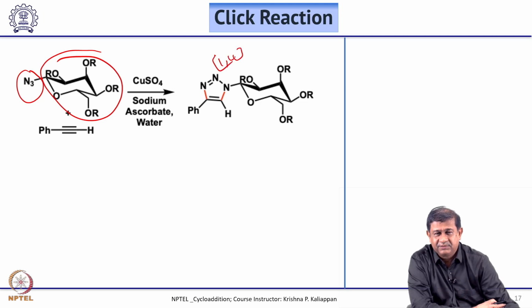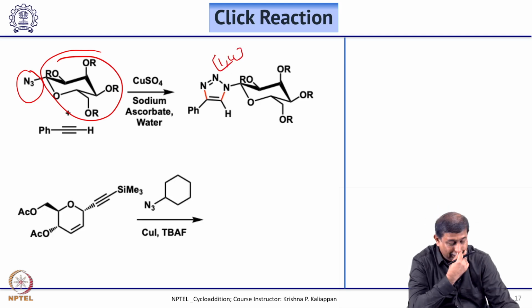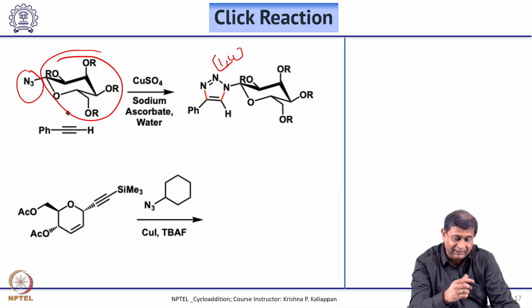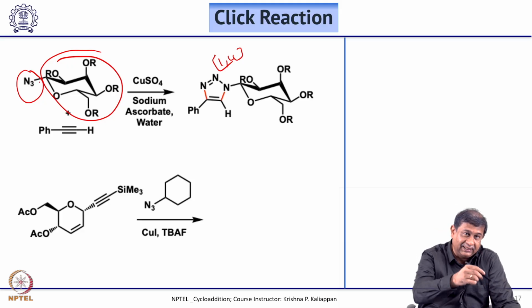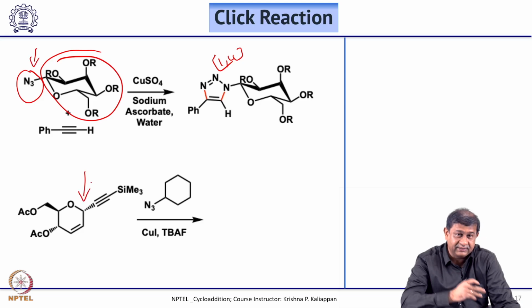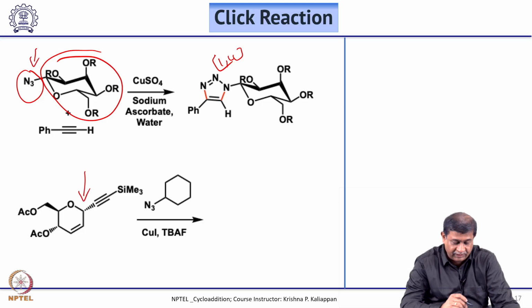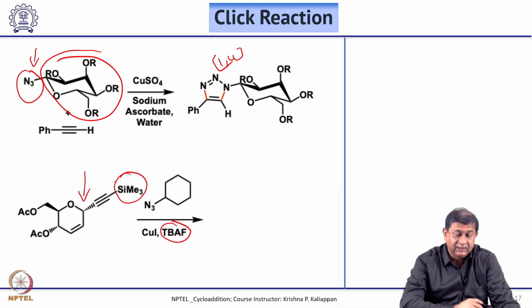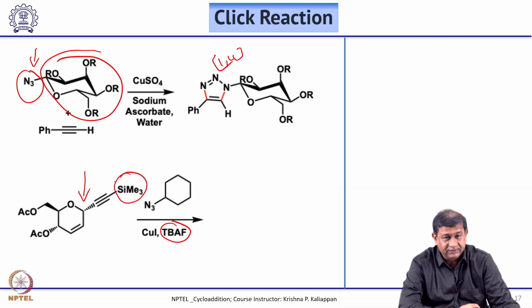Okay. It's a very simple and straightforward reaction, and you can see here in this particular example, it is the other way. In the first case, the azide is attached to the sugar. In the second case, the triple bond is attached to the sugar. So, now in situ, when you take the substrate and then treat with TBAF, TBAF will remove the trimethylsilyl group.